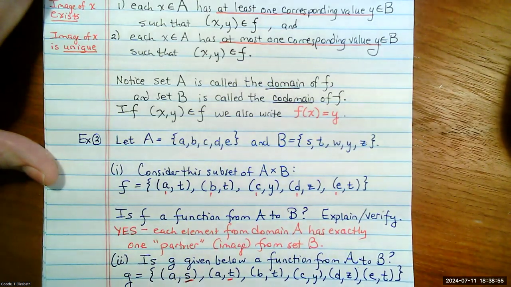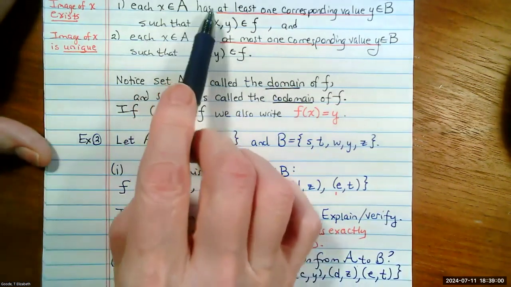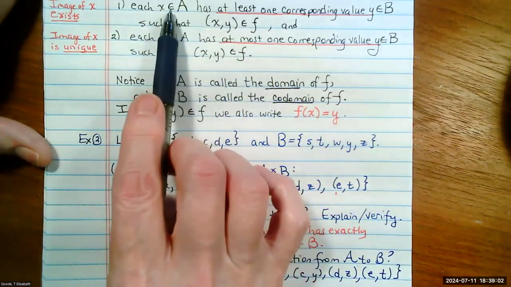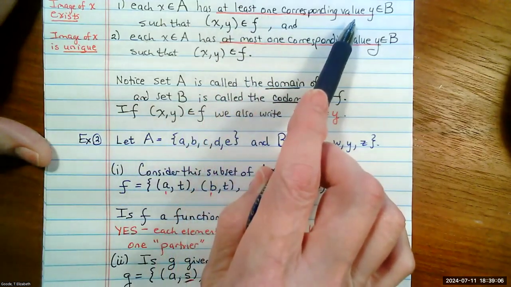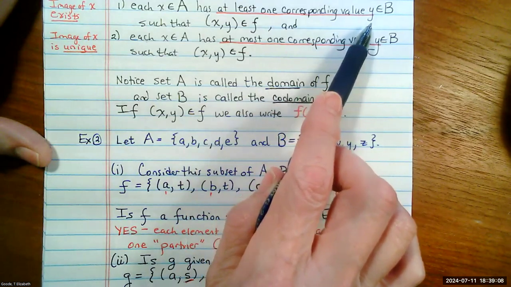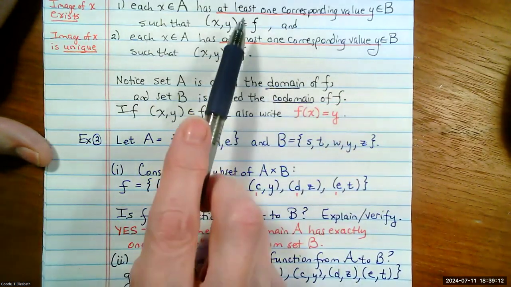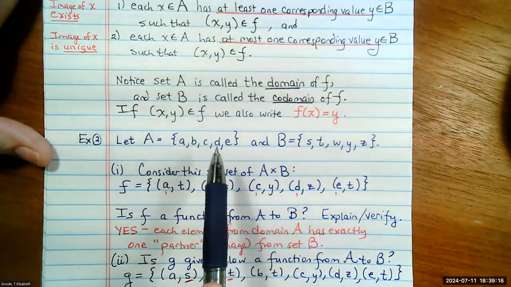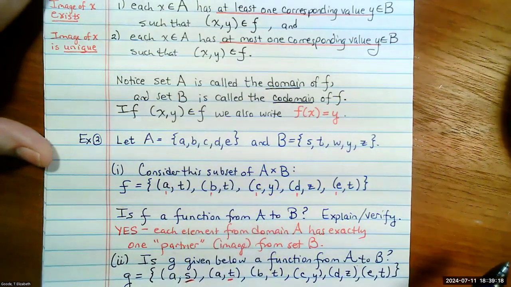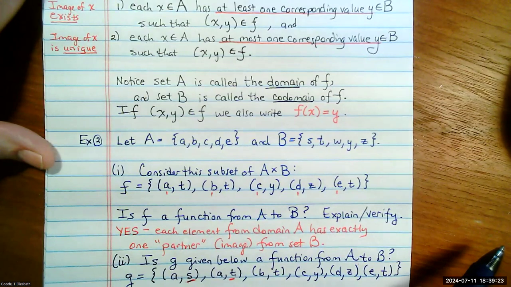So it says x is an element of A has at least one corresponding value y in set B, such that (x, y) is an element of the function. So the definition is just confusing me. I don't really follow the examples.